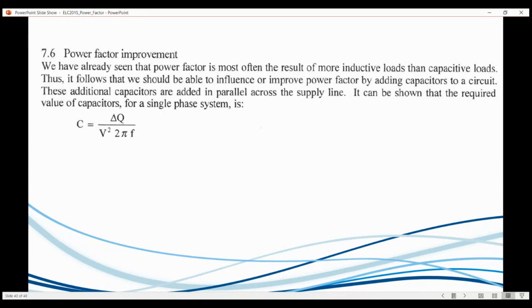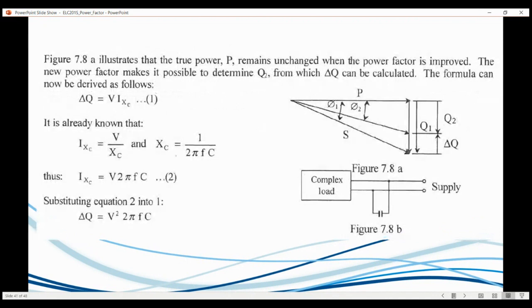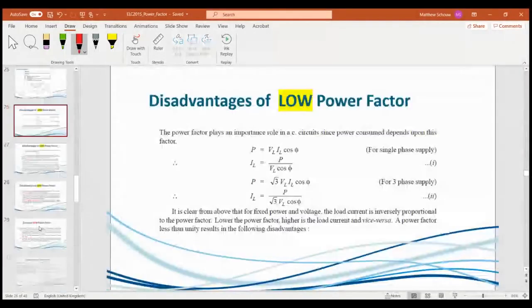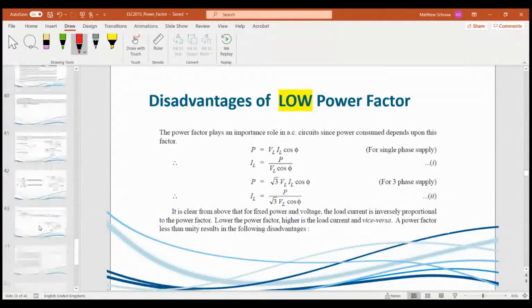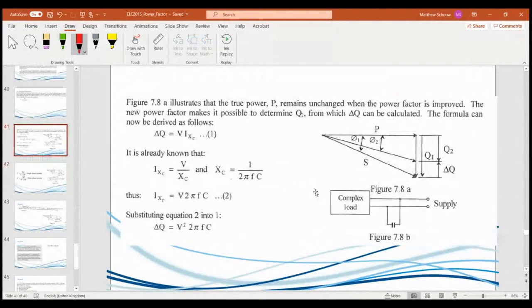So for a single phase system, it's given by that equation over there. So what is that equation? Where does it come from? Let me explain to you quickly using this diagram. Initially, we had, this is the first setup, right?